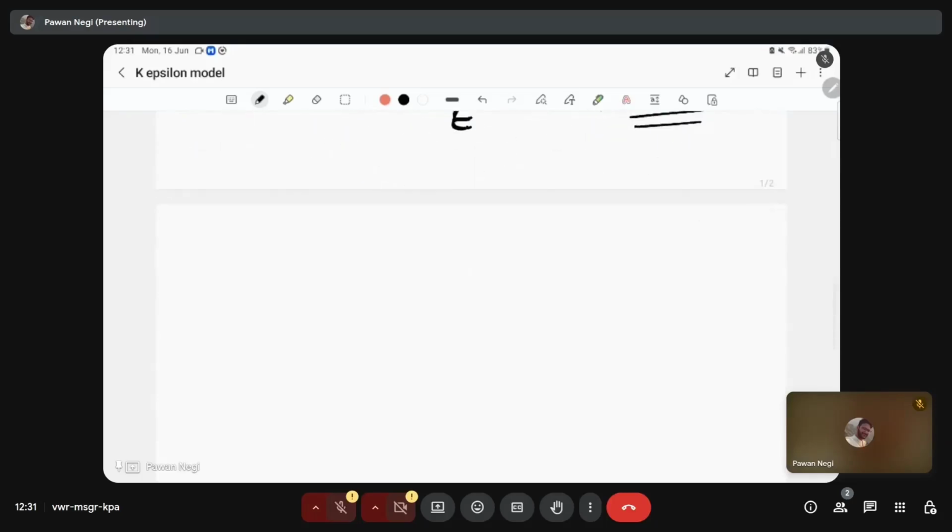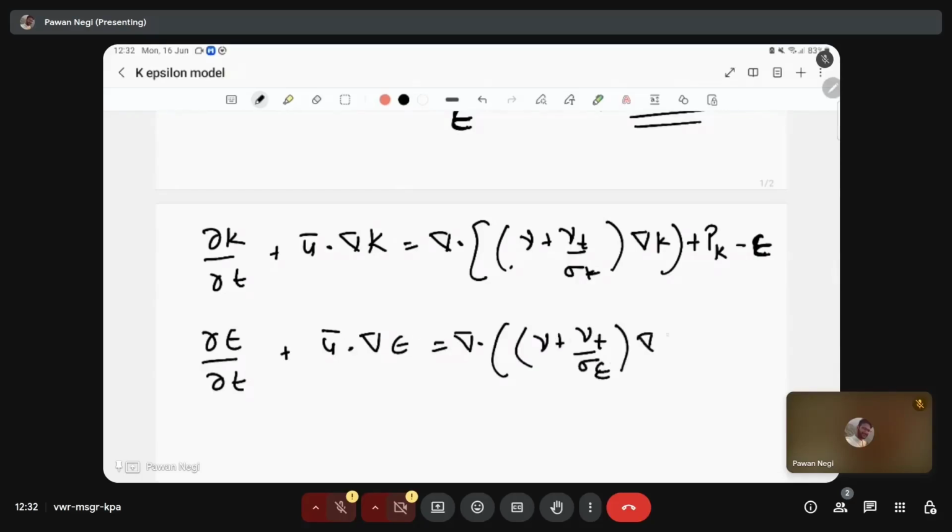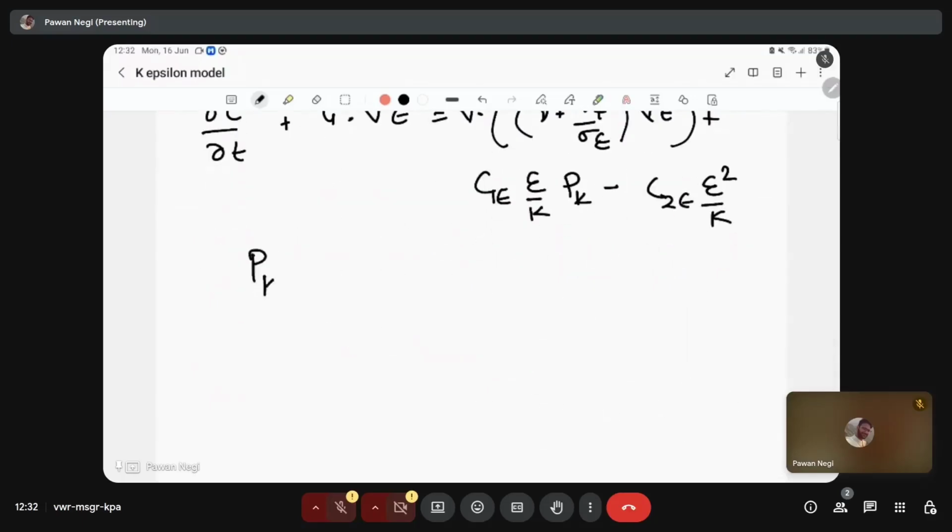And the transport equation for turbulent kinetic energy is given by this, minus epsilon, and for the dissipation we write this, where Pk is a production term and all other terms are constants which people do not change.